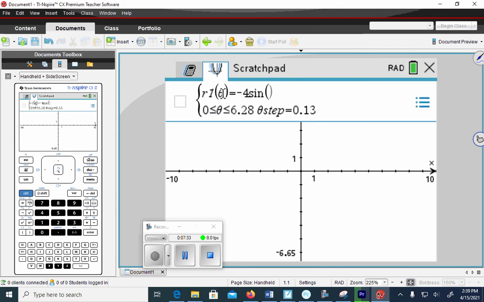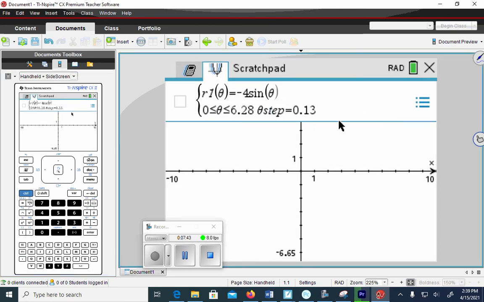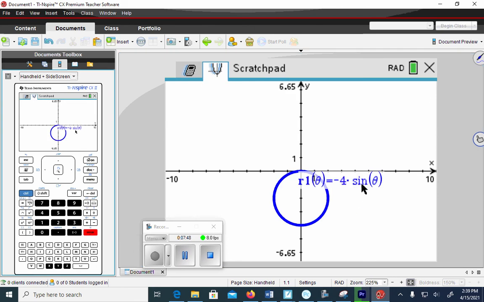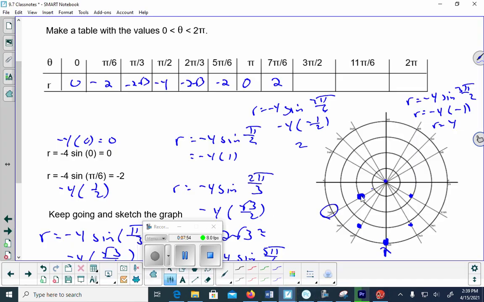And you'll notice that there's a theta here, which means I have to use theta over here. To get that theta, I go down here to where the pi button is and grab theta. So that's the equation that I have, and I'll explain this in a second. If I hit enter, I can see that it clearly looks like a circle. So this graph that I started to graph is going to be that circle. And I'll finish that in a second.